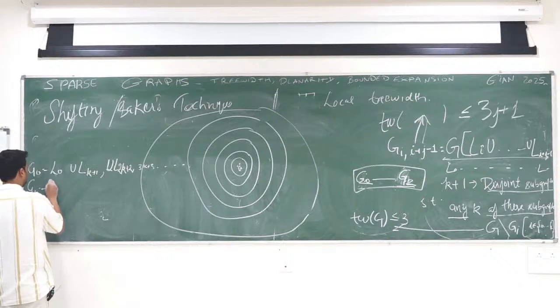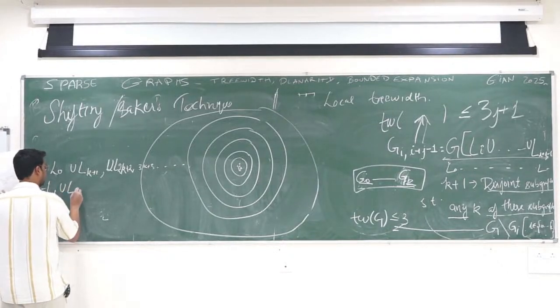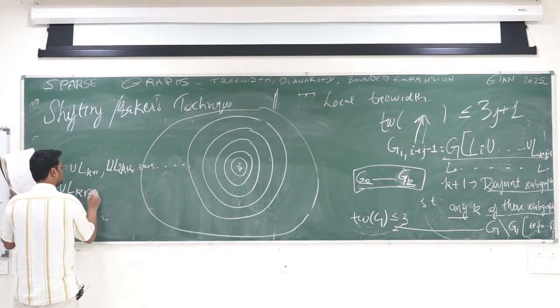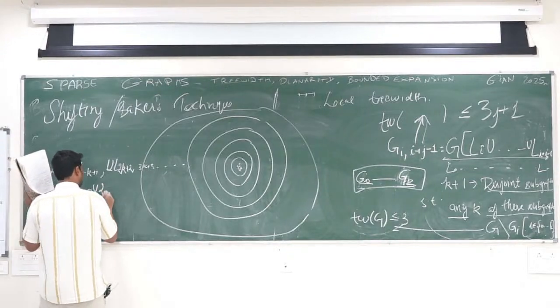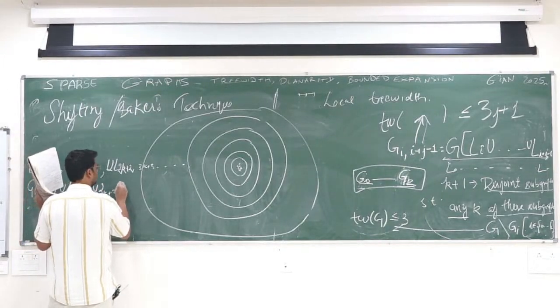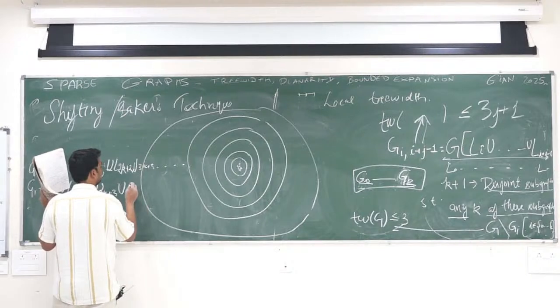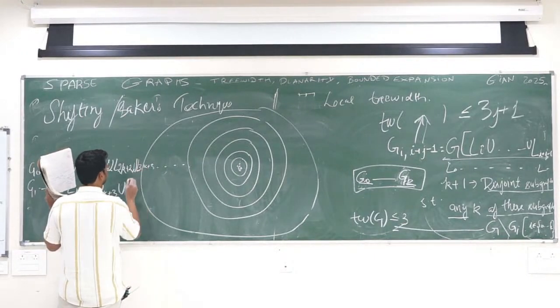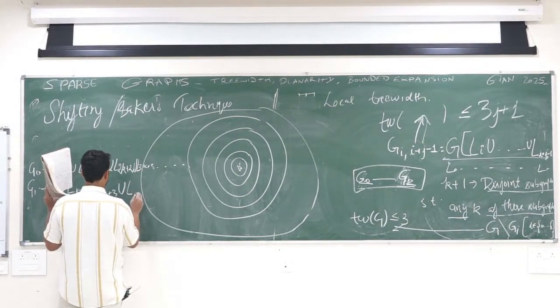G1 is equal to L1 union Lk plus 2 union L2k plus 3 union L3k plus 4.